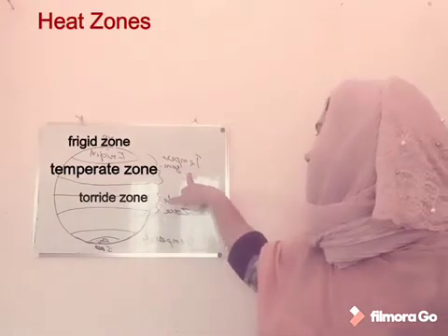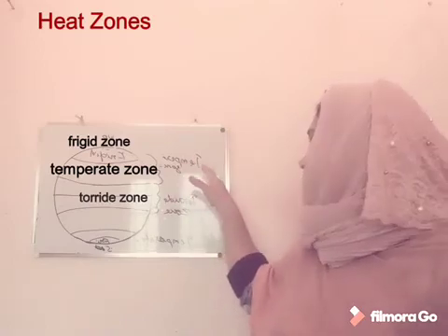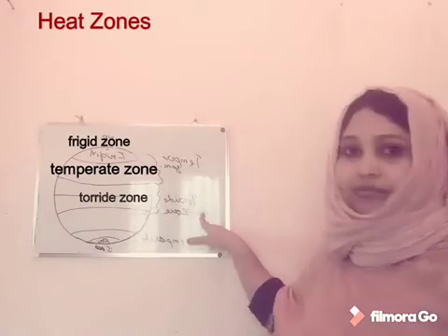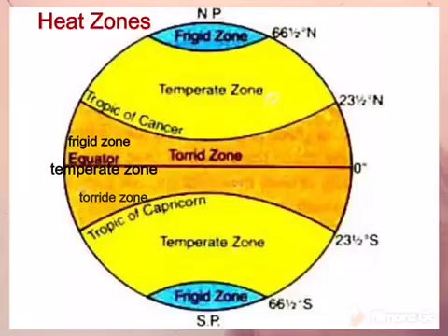Okay, so just remember the exact places of these zones. First one is the torrid zone. We have the torrid zone in between the Tropic of Cancer and the equator, and in between the Tropic of Capricorn and the equator. So near the equator, on both sides of the equator, we have the torrid zone.